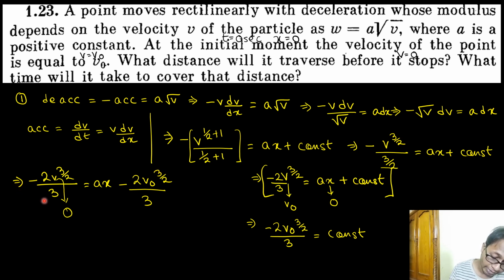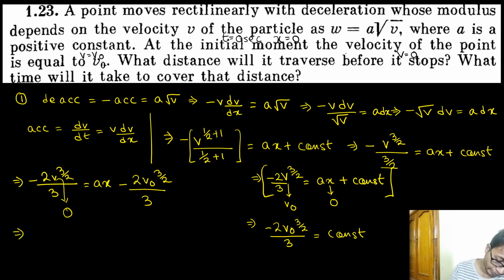Now in the main equation of velocity versus x, what was given in the question? The question asked for the distance it travels before it stops. I know when the particle stops, v is equal to 0. So the question is essentially asking for the value of x when v is equal to 0. Understood?